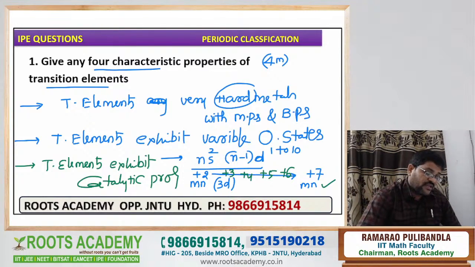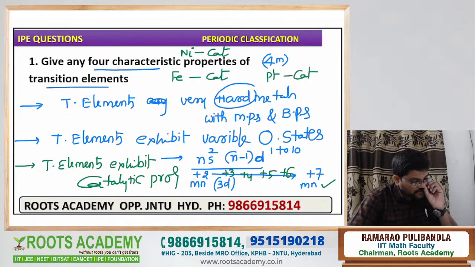For example, in the Haber synthesis of ammonia, iron is used as a catalyst. In the synthesis of sulfuric acid by the contact process, platinum is used as a catalyst. In hydrogenation of oils, nickel is used as a catalyst. That is the third important point.